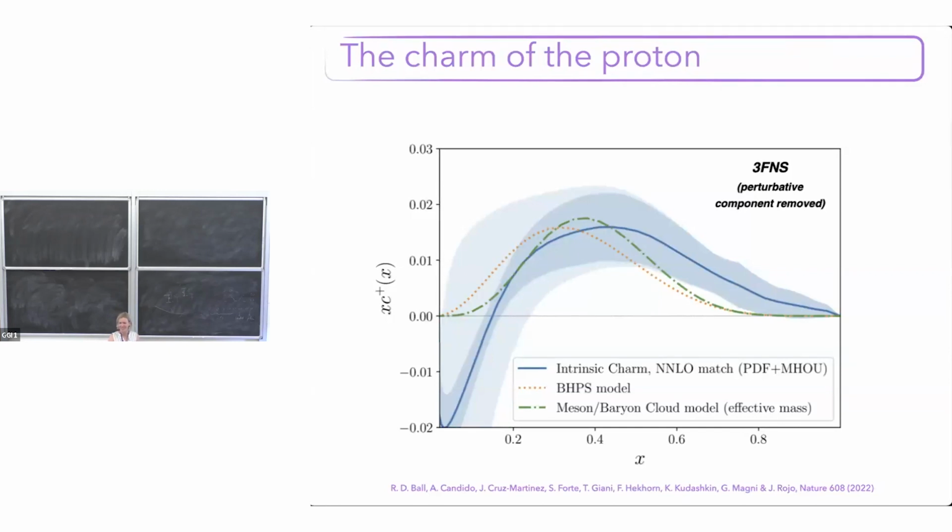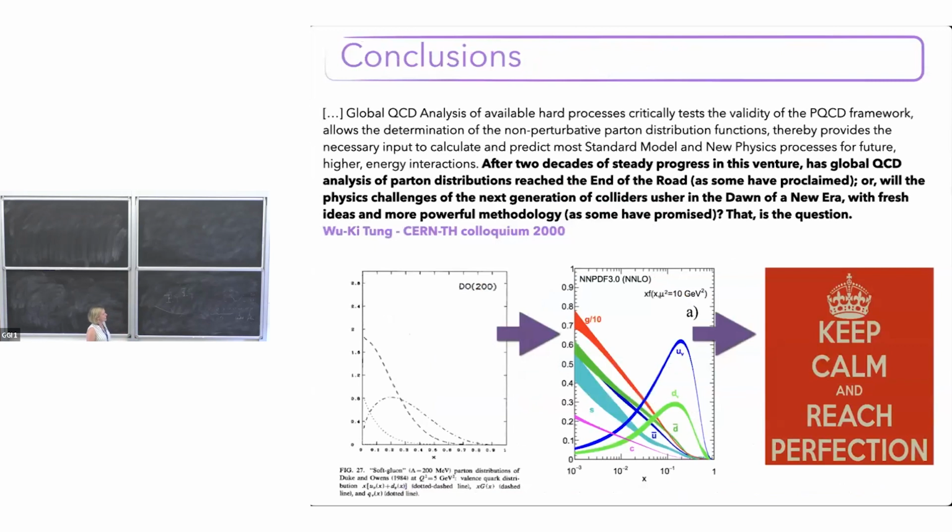So I wanted to give you some updates. And I just want to say, something that Wu-Ki Tung said in 2000, and I really like it because we are here in 2023, saying the same thing. He said: after 2 decades of steady progress in determining the parton distribution functions, has global QCD analysis of parton distribution functions reached the end of the road?